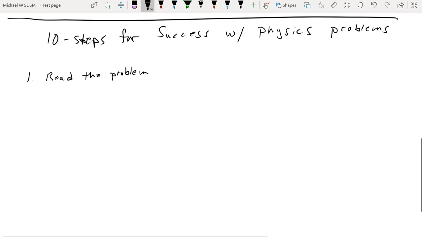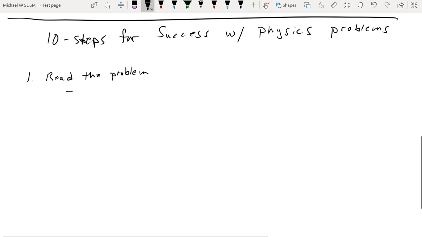I know it sounds like a given, but I've had plenty of people that just kind of skim over the problem statement, and if you don't read the problem statement correctly, you may be missing out on an important piece of information.